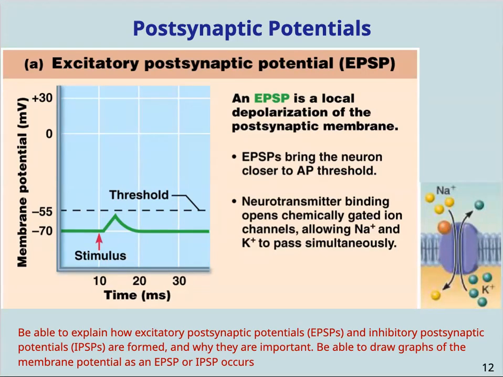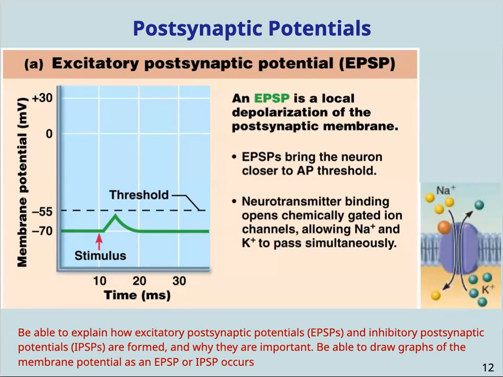Although this two-way cation flow may seem to be self-defeating when the goal is depolarization, remember that the electrochemical gradient for sodium is much steeper than that for potassium. As a result, the net effect is a sodium influx causing depolarization.